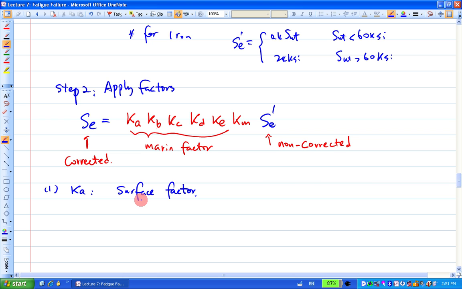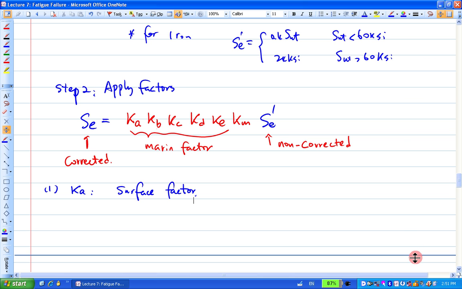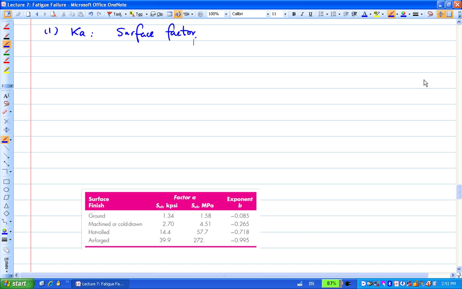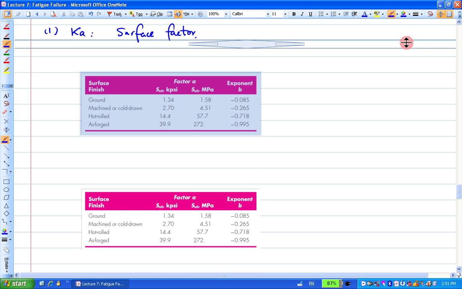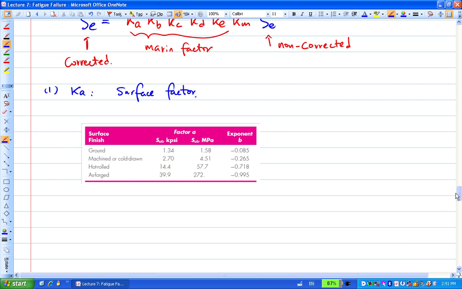For example, the surface factor says the specimen used in the experiment has a certain standard surface, but in reality you have a different surface, so we have to modify it. We use this table, Table A-6-2, to do the modification.